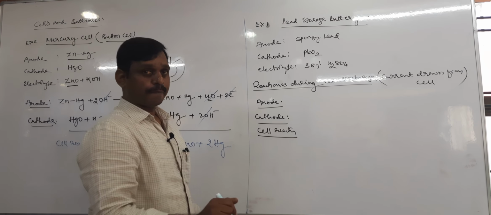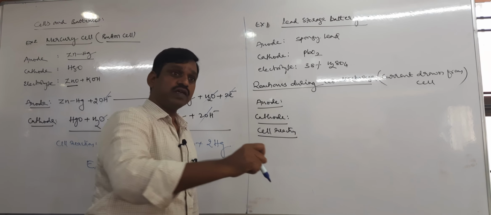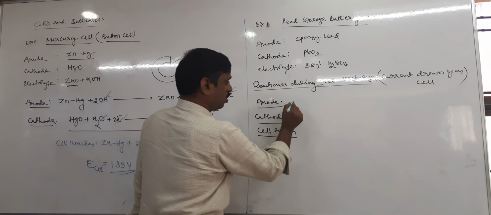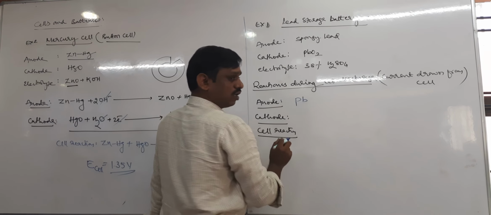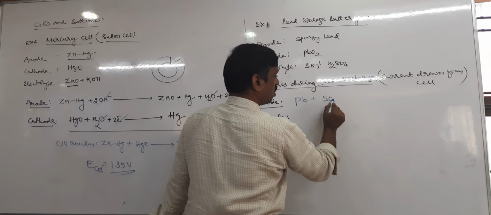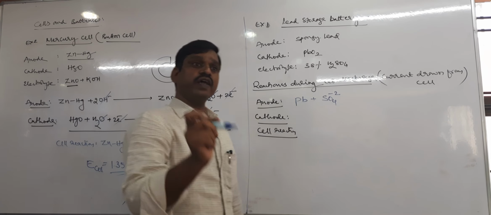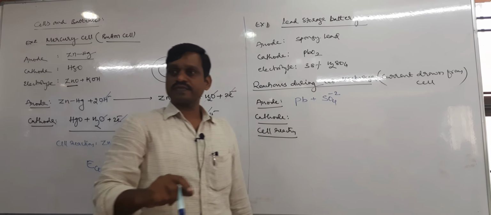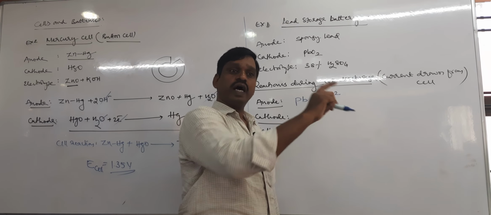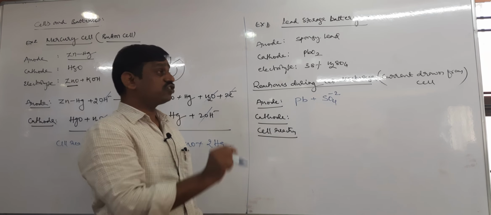That is Pb, so lead is the anode. That lead is placed in sulfuric acid, therefore it is Pb plus, in sulfuric acid there is the sulfate ion. And remember, in the lead storage battery, lead finally converts into lead sulfate, both at cathode and anode, during the cell discharge.